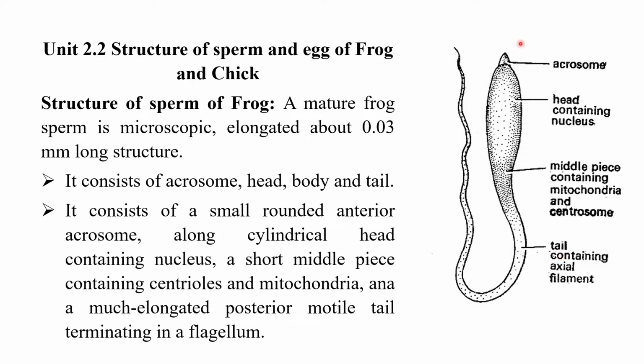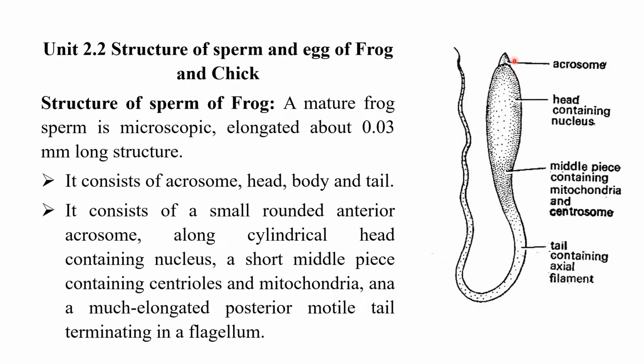At the anteriormost position, it is composed of an acrosome, and this acrosome is filled with a lot of enzymes that are responsible for the digestion of the plasma membrane of the oocyte once the fertilization is going on.